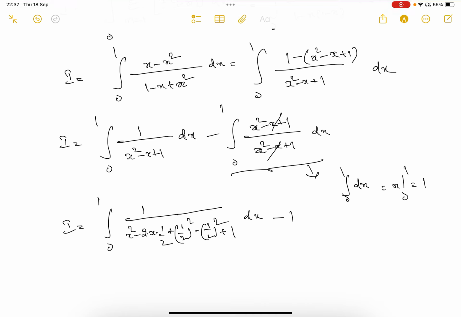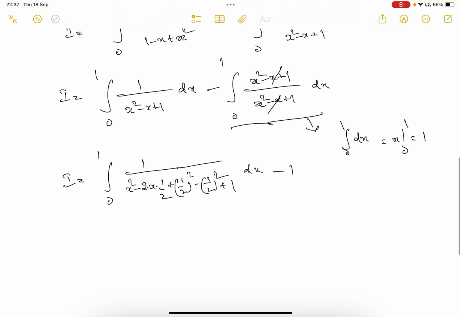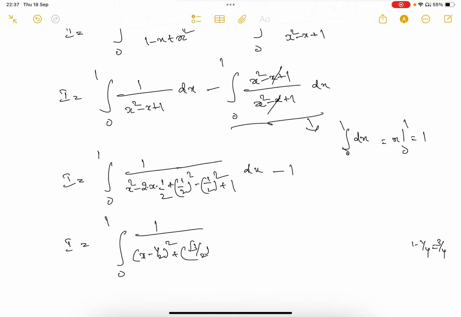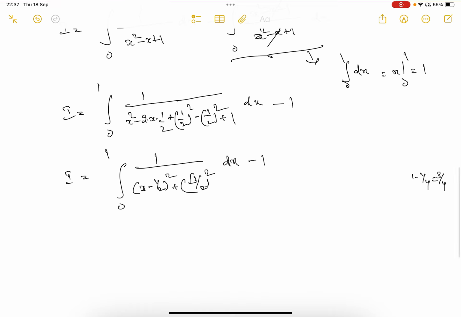The second integral value is minus 1. So here I is integral 0 to 1, 1 by (x minus half) whole square, then this will be 1 minus 1 by 4, which is 3 by 4. You can write it as (root 3 by 2) whole square plus, dx, minus 1. So you can see it is in the form of 1 by x square plus a square.